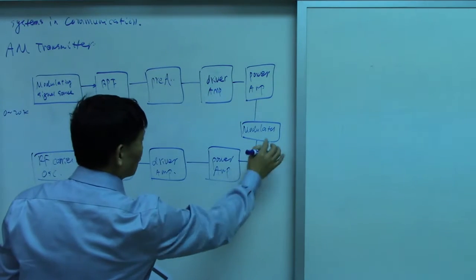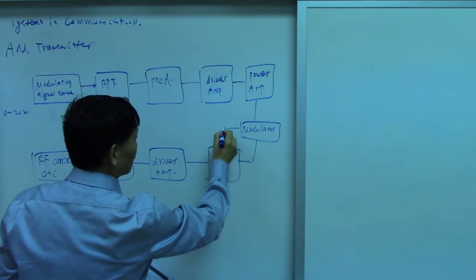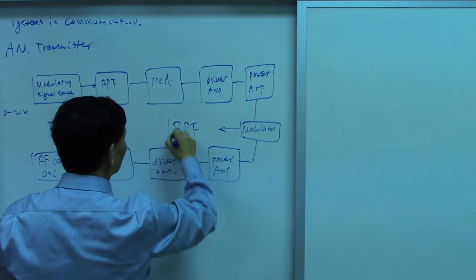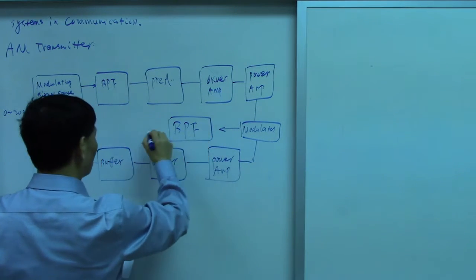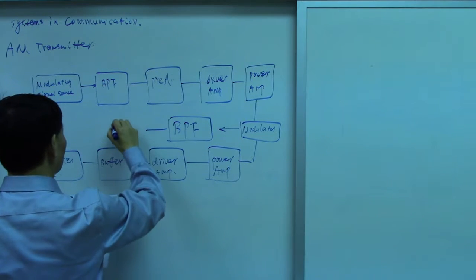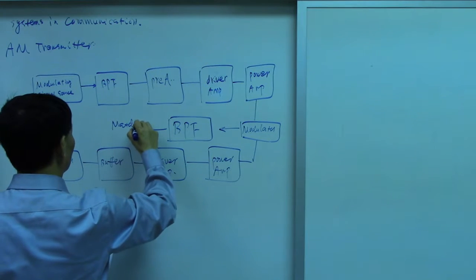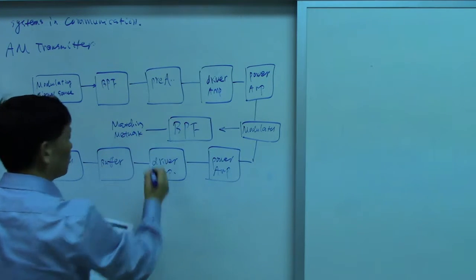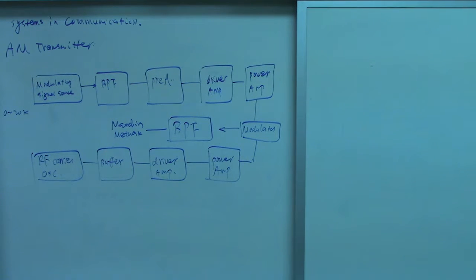Once you have the modulator, then we go this way. It's a band pass filter, again to reduce the noise. Then we have a matching network. You already make the impedance matching.